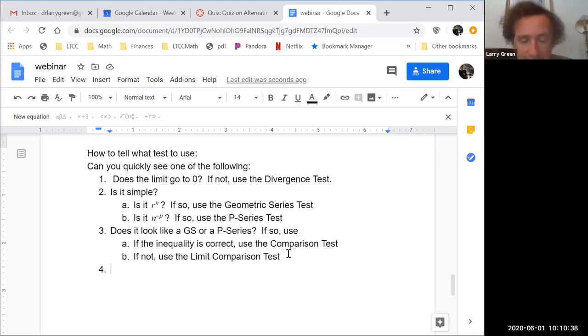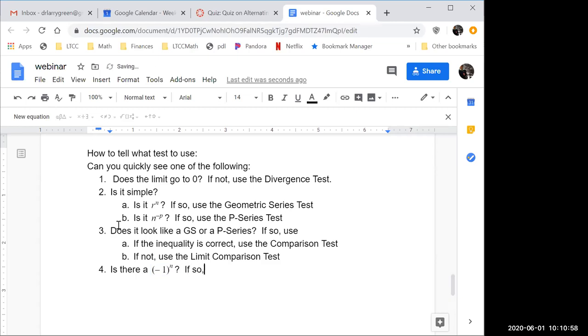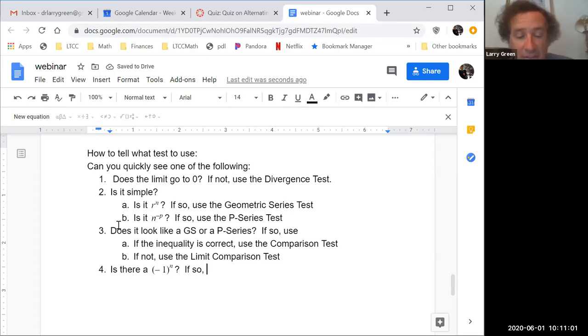Okay, then is there a (-1)^n? If so, use the alternating series test.